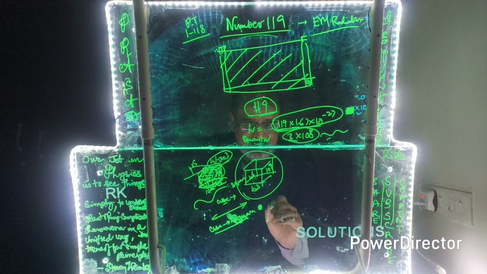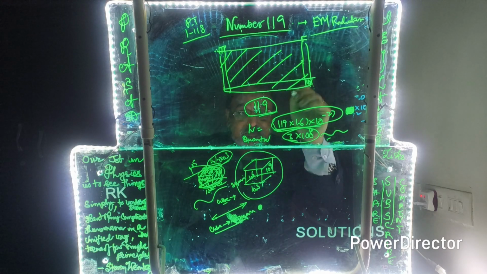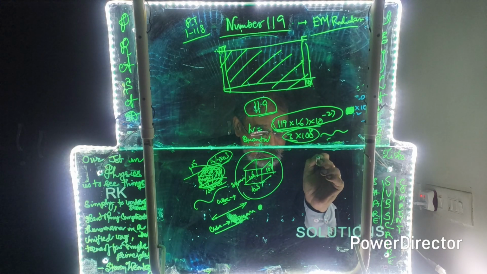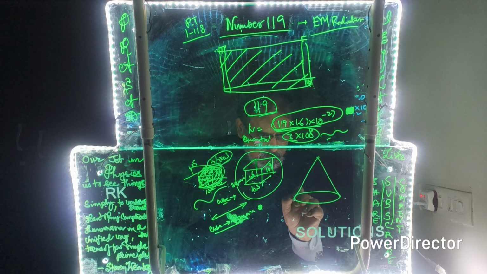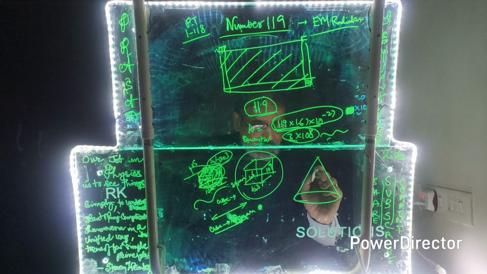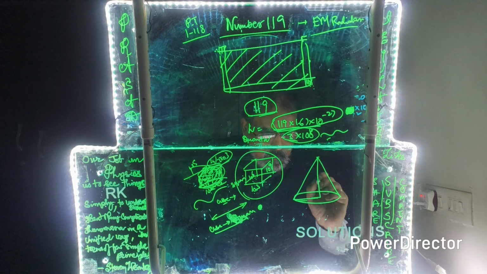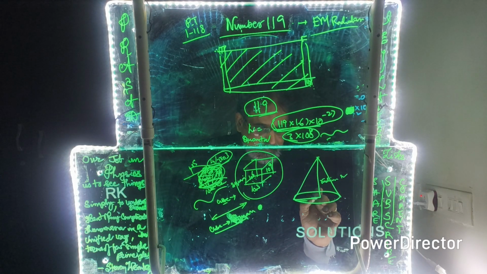Let us take, not this 119, what do you call it, a cone. A cone with radius r. This radius is r from here to here.